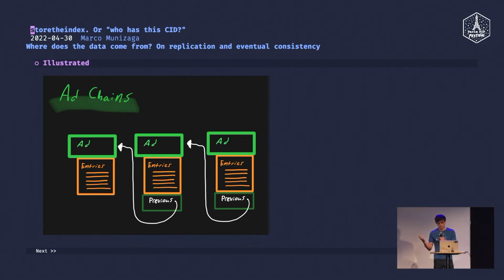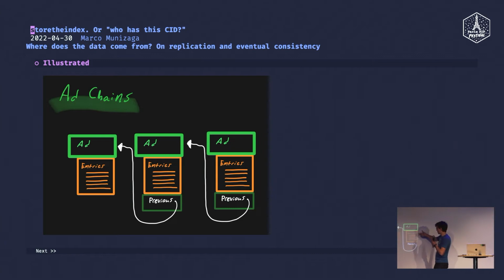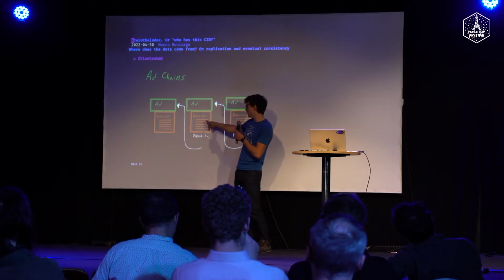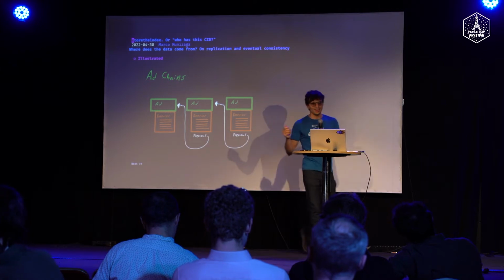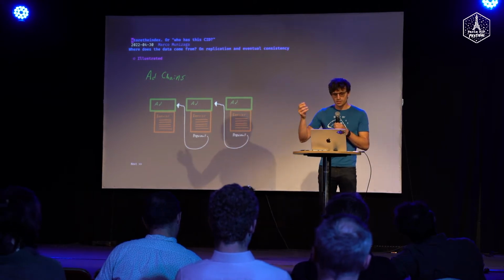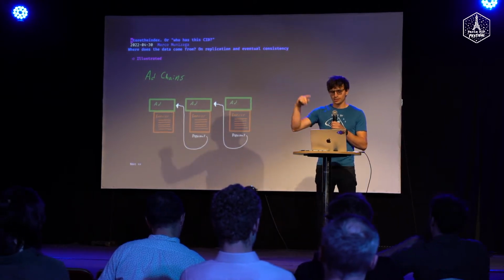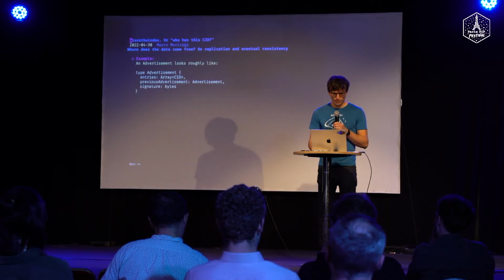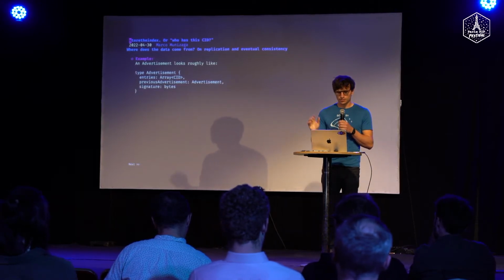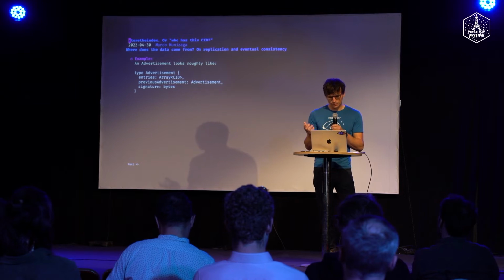And each advertisement contains the list of entries, a list of things that this storage provider now provides. So my cat photo, your cat photo, my dog photo, right? And every time they get some more information, they publish a new advertisement and link it to the previous thing. And this is kind of what the type signature looks like. It's pretty straightforward.